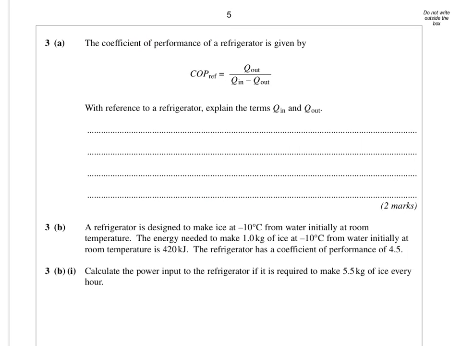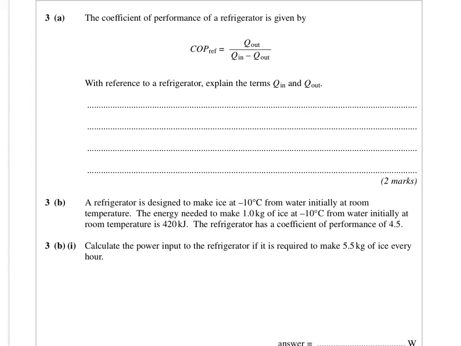Alright, so move on. Coefficient of performance of a refrigerator is given by Q out. So Q out is the heat extracted from the fridge, and then Q in is the heat given into the surroundings.